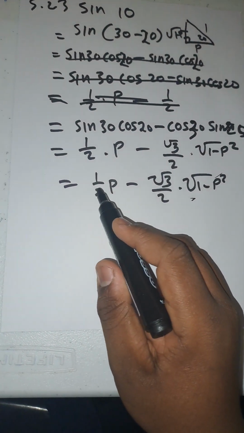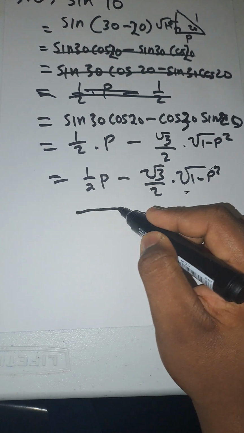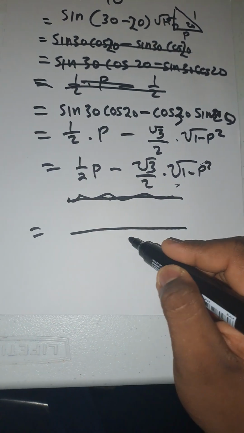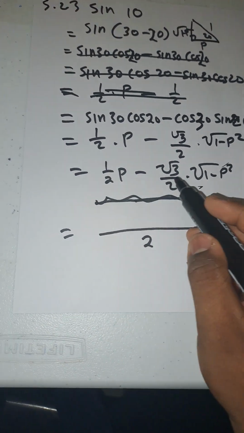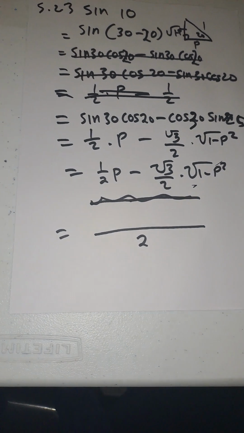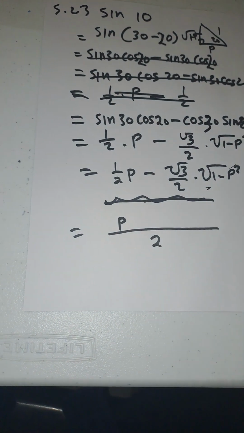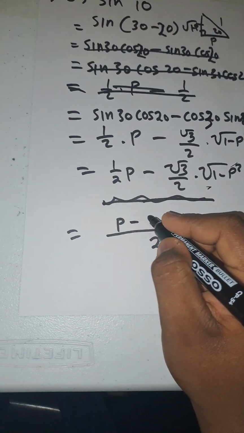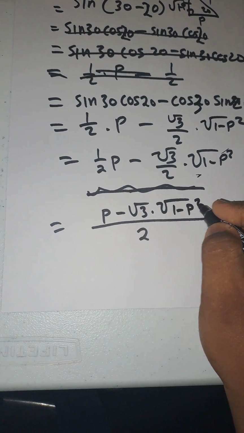Since I have a common denominator which is 2, I can put everything over 2 now, because I have a common denominator, 1 over 2 and root 3 over 2. And then I'm going to say p, because 1 times p is the same as p. Then minus root 3 times root 1 minus p squared.